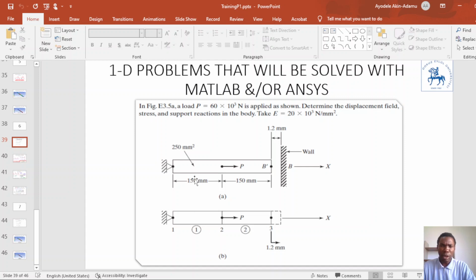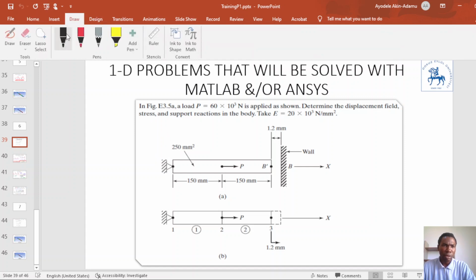In this problem, we have a structural body. The total length of the body is 300 mm. The body is between two supports. At the left-hand support, we have a pin support.